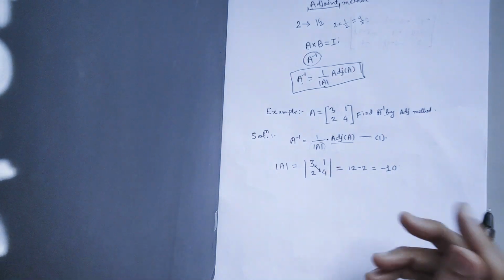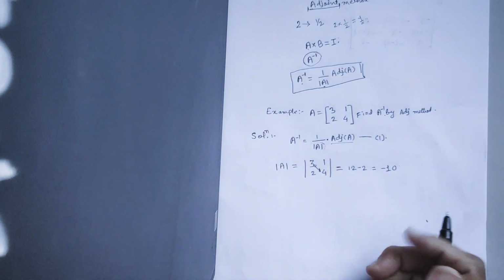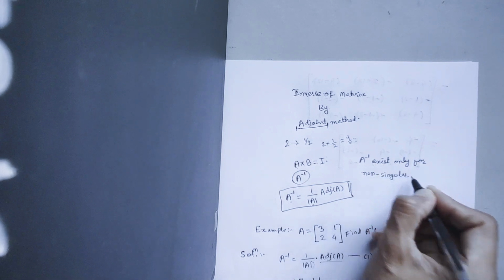Now one more important thing that I forgot to explain here, I'm just continuing, that A inverse exists only for non-singular matrix. And what is this singular and non-singular matrix?